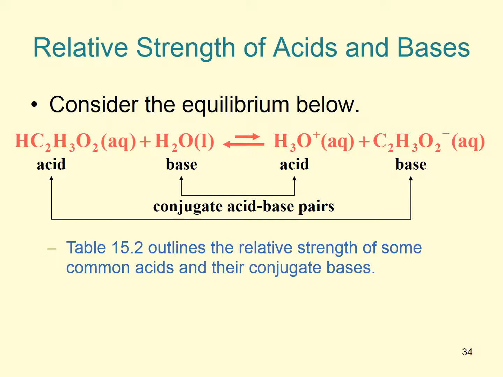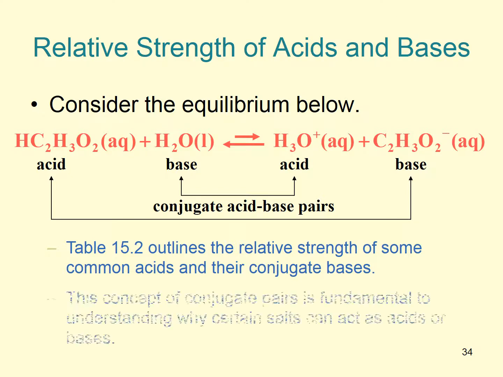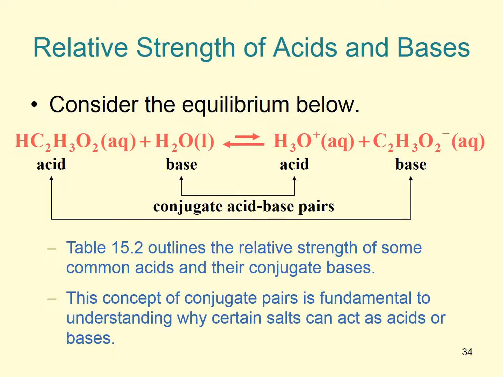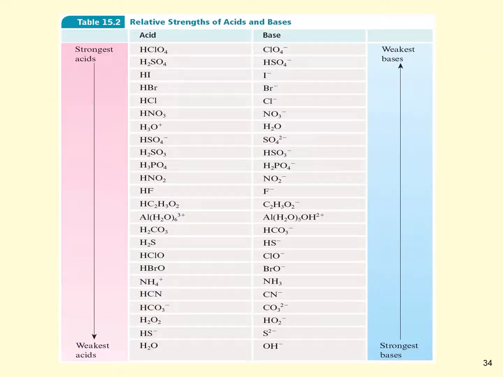All right, so on the next slide, we'll see they have the relative strengths of acids ordered. And so later on, we're going to use this idea, because even though something is a weak acid, its conjugate can act like a weak base, and it'll be important in chapter 16.